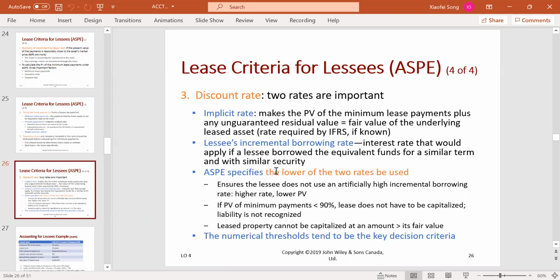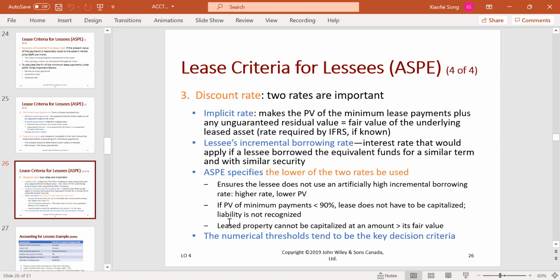By requiring lessee to use the lower of the two, we prevent the situation where lessee will just arbitrarily say our incremental borrowing rate is high, so you can discount more, so you can just miss this 90% mark and then avoid capitalizing the lease. So that's the idea.